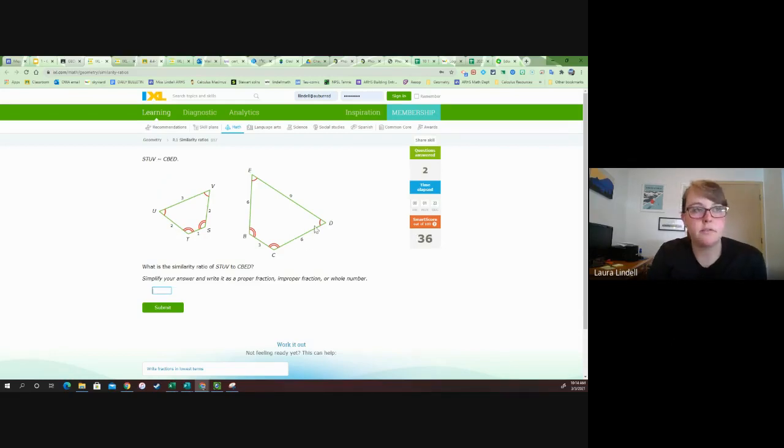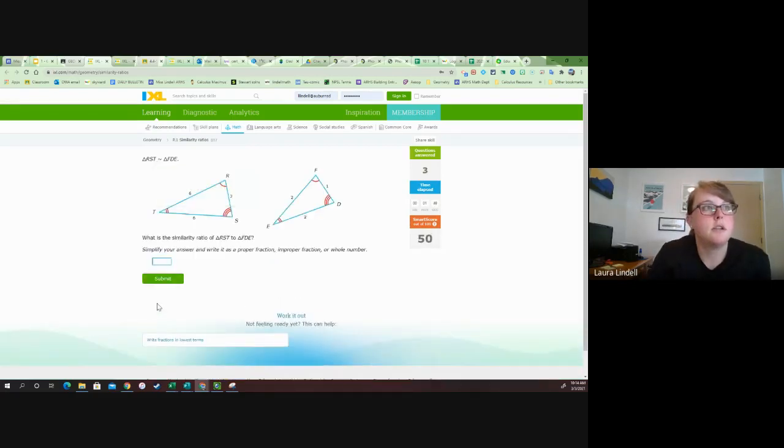Sometimes you'll see things like trapezoids, where you might want to start using letter order if you can't just eyeball it. On this one, ST goes with CB, so you can go 1/3. Things like that.